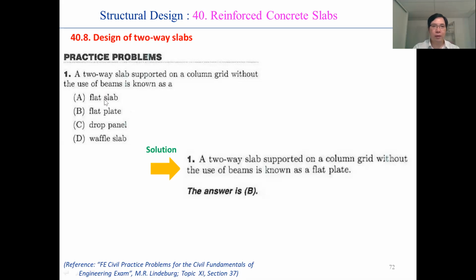So when you see the definition in the theory that I have shown before, the good answer is a two-way slab supported on a column grid without the use of beams is known as a flat plate. The correct answer is B.